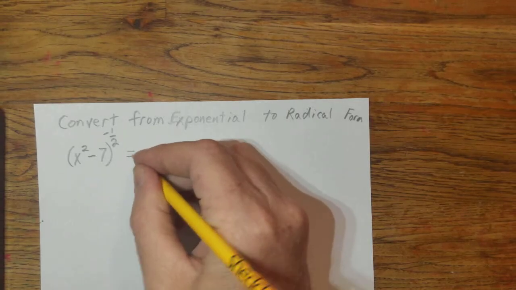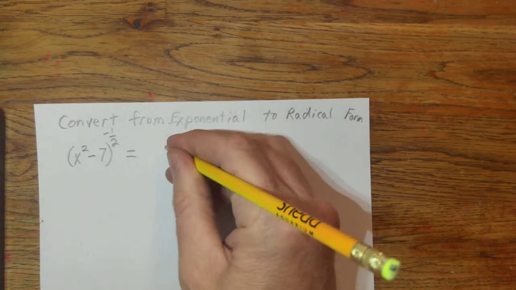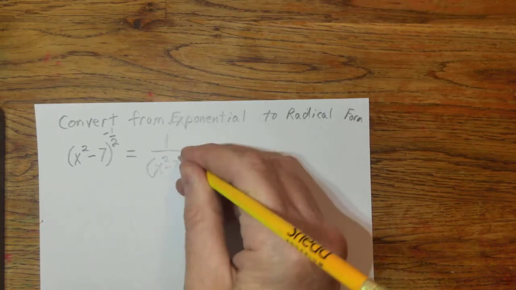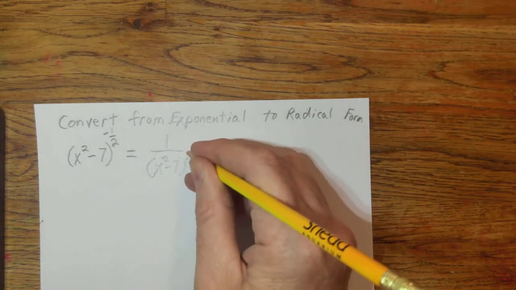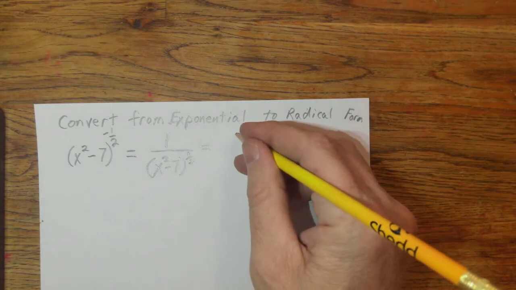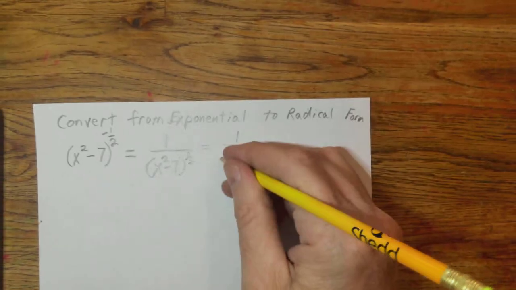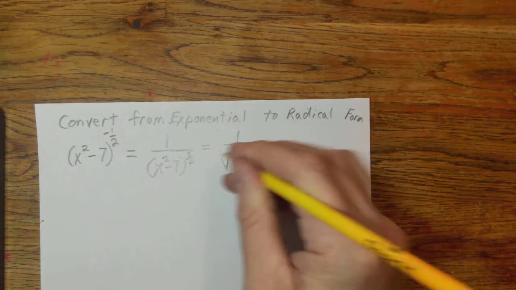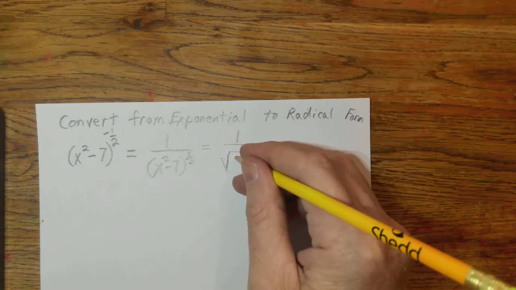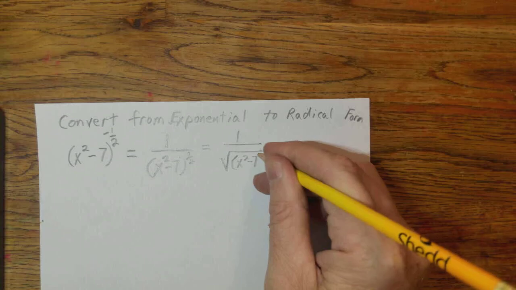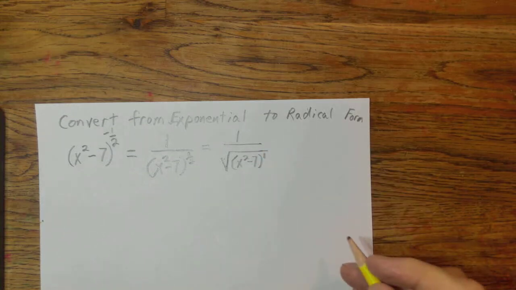Alright, the first thing I would be tempted to do is write it as a positive exponent. Now, radical form. That's 1 over, okay, it's a square root, I don't have to write that 2 there, of x squared minus 7 to the first power.